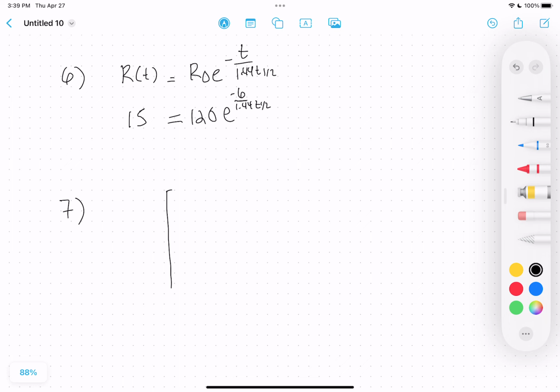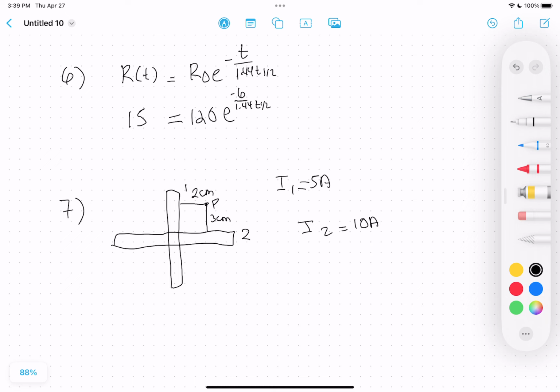So here's wire 1, here's wire 2, and then here's point P. The current in the first wire is 5 amps, so I1 is 5 amps, and I2 is 10 amps.